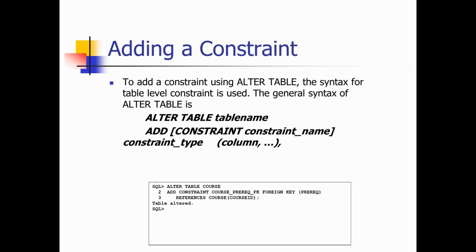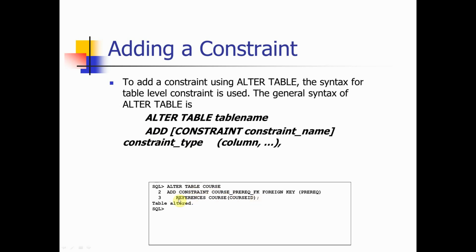In this case, we can say alter table employee. Of course, you need to provide the table name indicating which table you want to make the change to. And because we want to add the constraint, we will say add constraint, and then the whole foreign key constraint needs to be put there.